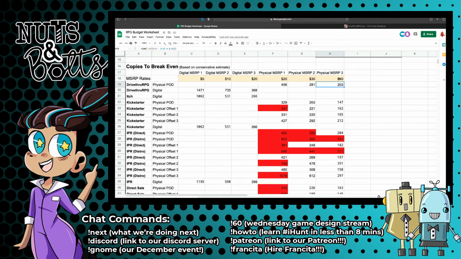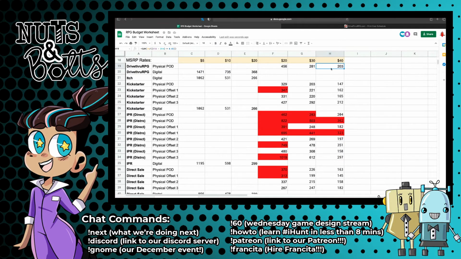If you want to do a $40 book, though, and you want to do it through distribution, look at the offset options. You have this option and this option, sorry, offset 2 and 3. And those are both viable at $40.